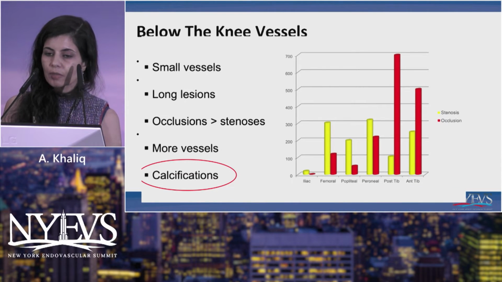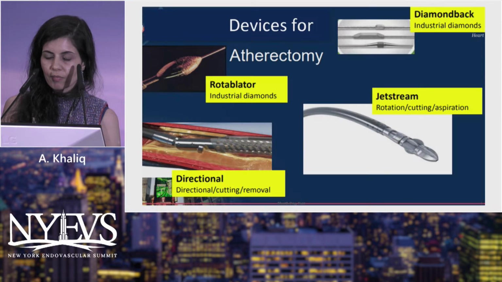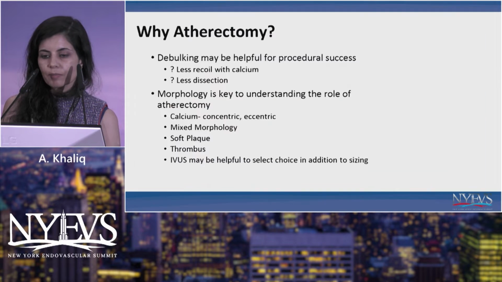As we know, the tibial vessels have all these problems which make them difficult to treat and which lead to more ISR and frequent interventions needed. So the vessels are small, the lesions are long, there are multiple occlusions, more so than stenosis, and there's severe calcification. Next. These are the gamut of devices we have available. Next.